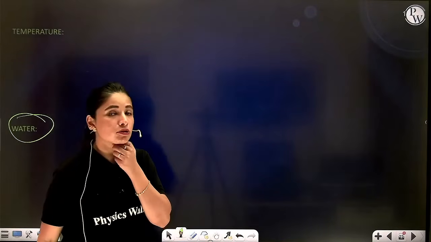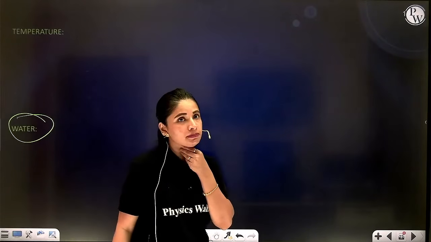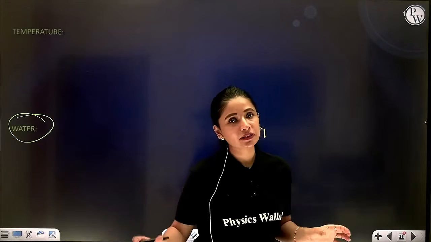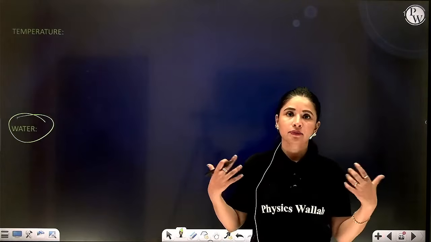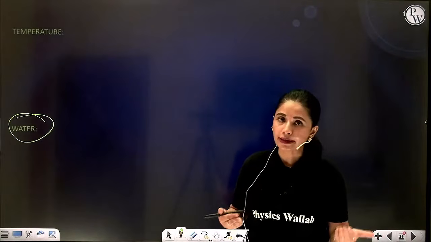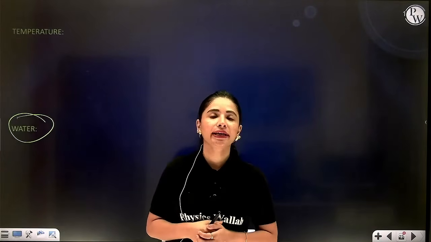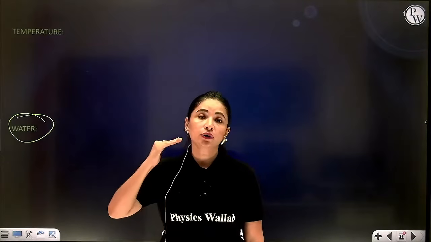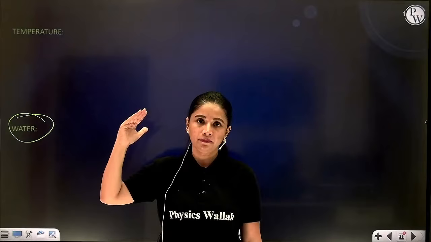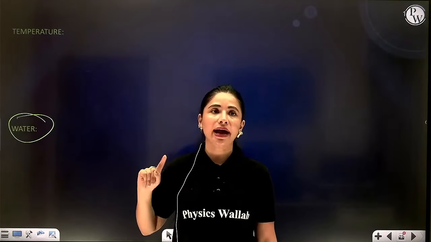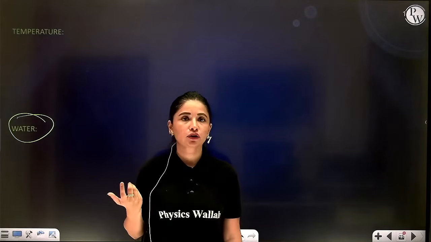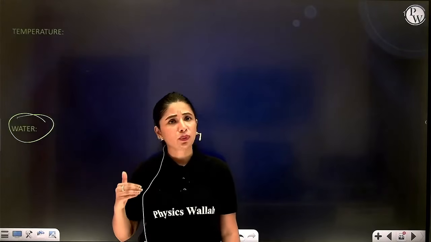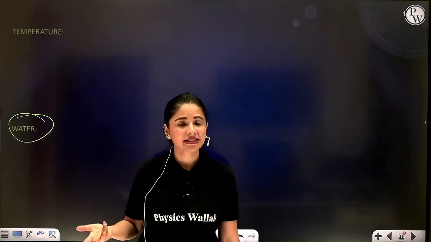And if I talk about temperature, then there is an optimum temperature for C3 plants and C4 plants, under which the rate of photosynthesis is going to increase. But if you dip the temperature too low or make it too high, both are going to adversely affect the rate of photosynthesis. Very low temperature will freeze the system.